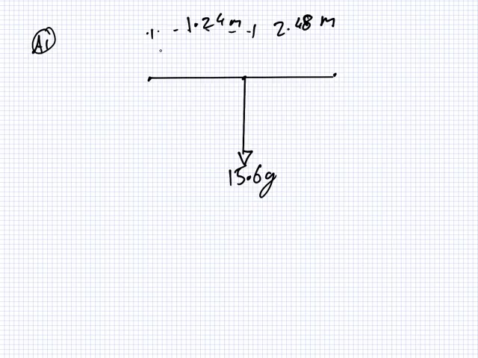It is placed on a single support 1.05 from the end. So there's a support here, and this distance is 1.05. A boy sits on the plank from end A. A girl sits on the plank from the other side.